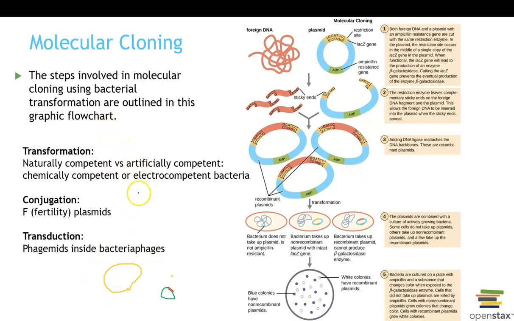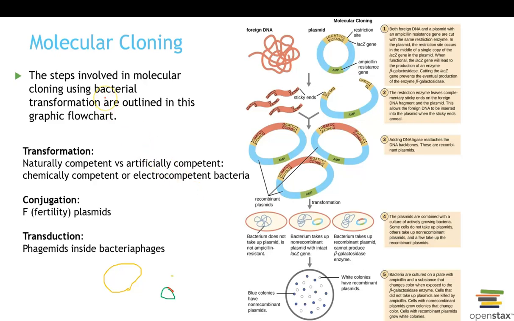Or they use electrocompetent bacteria, where electricity makes small pores in them, which helps them gain the recombinant plasmid much more easily from the environment.